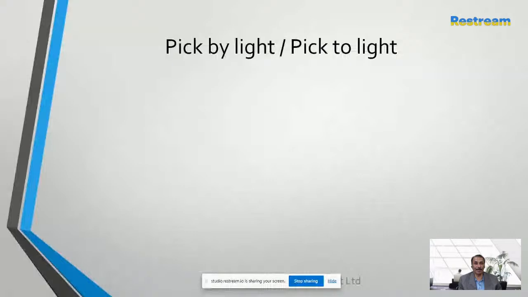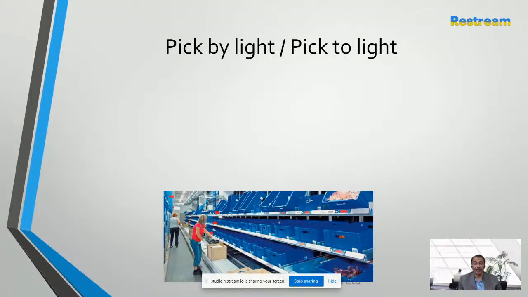Next advanced method of picking is pick by light or pick to light, where you can see there are counters or display units available which is going to blink when a particular item has to be picked. Then the picker goes to that location, picks the required quantity which is displayed in the counter, and then confirms the picking.